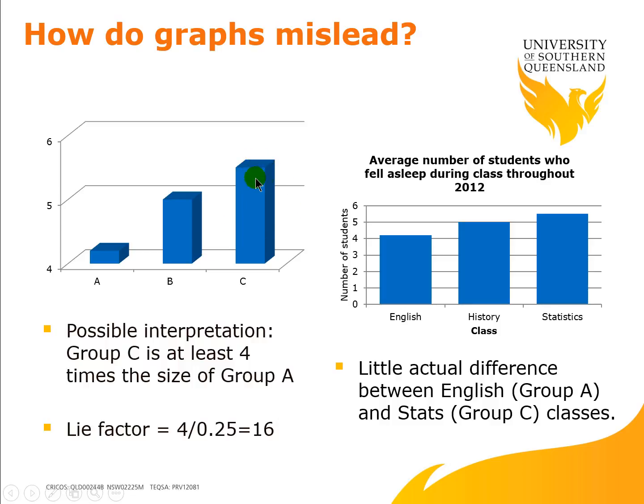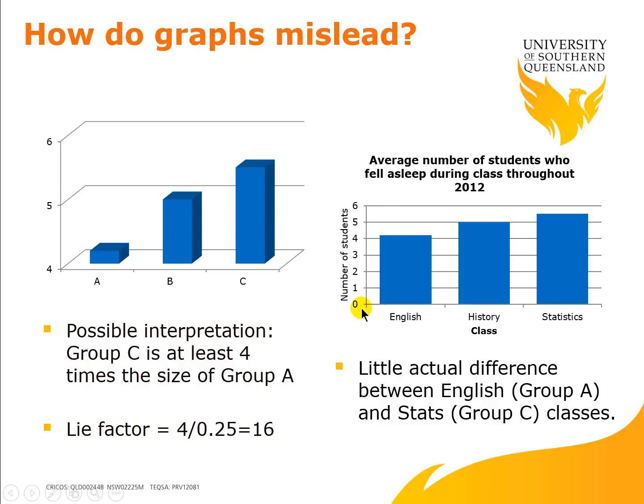So this volume effect makes our interpretation of the different heights even more exaggerated. So you should never use this 3D effect on any scientific graphs. There is no need for it. It looks pretty, I know, but it does not help the reader in any way. In fact, it distorts their interpretation.